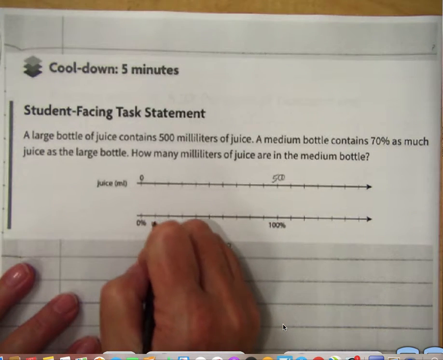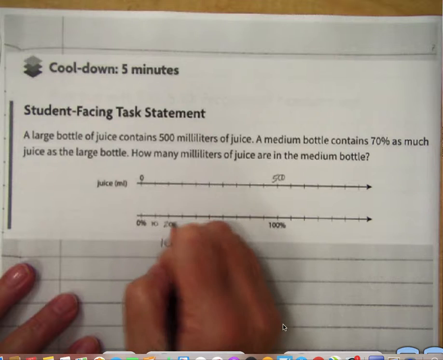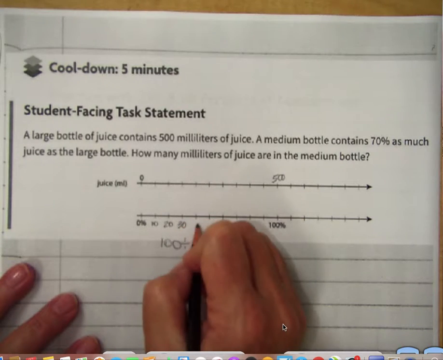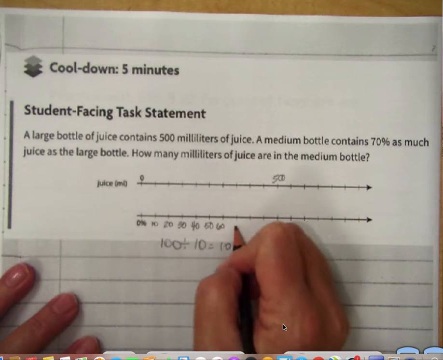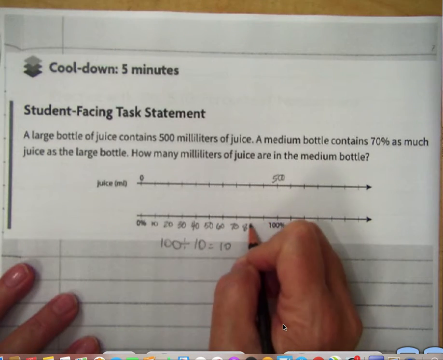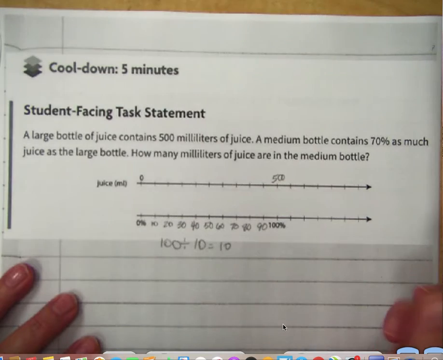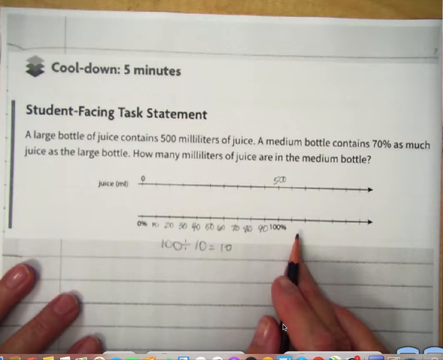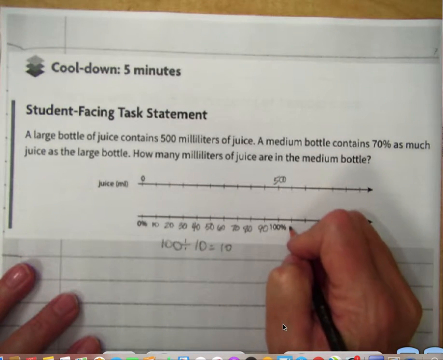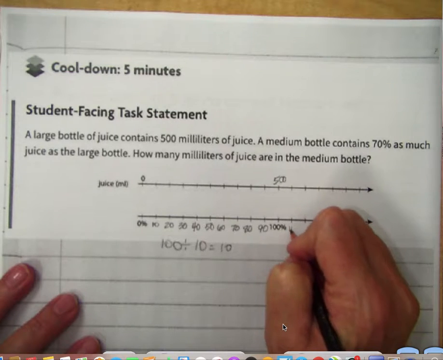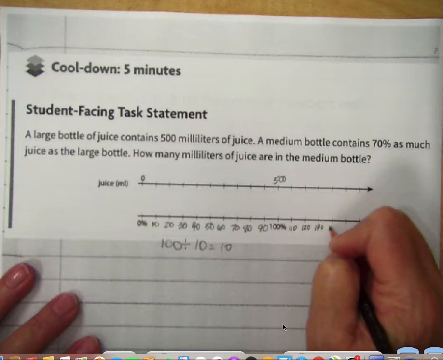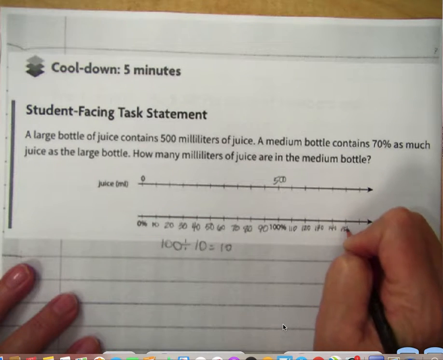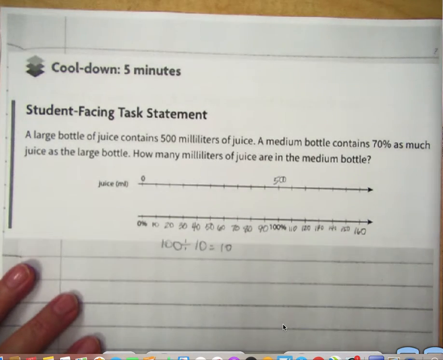So each one of these tick marks is going to be at 10. 30, 40, 50, 60, 70, 80, 90. And this is our percent line. Okay? And I could keep going if I wanted to. 140, 150, and 160. Okay?